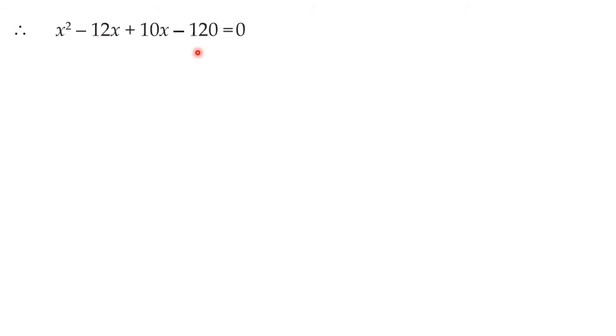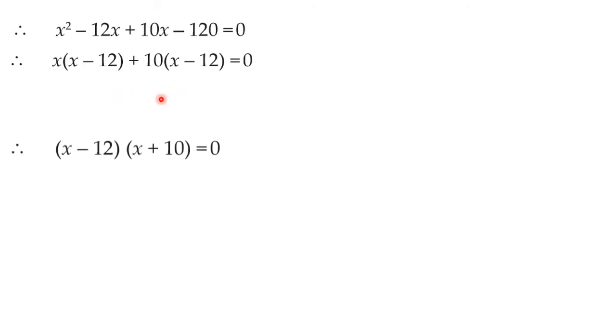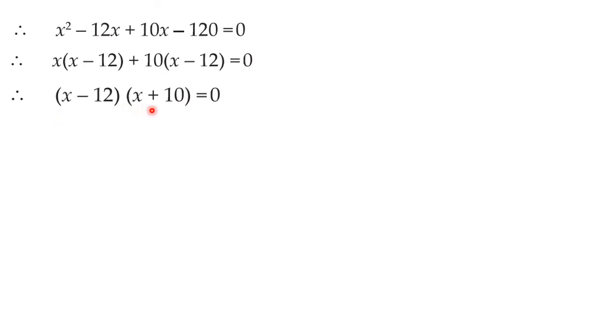So let us write down that common outside the bracket, and then from these two, x is taken out common, so inside the bracket we have x minus 12, and from these two we have taken out plus 10 common, so inside the bracket we have x minus 12, is equal to 0. Now let us write down two separate brackets as the factors. So the factors are x minus 12 and x plus 10 is equal to 0.